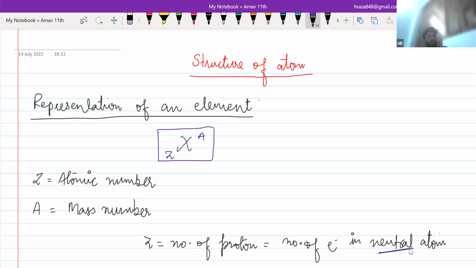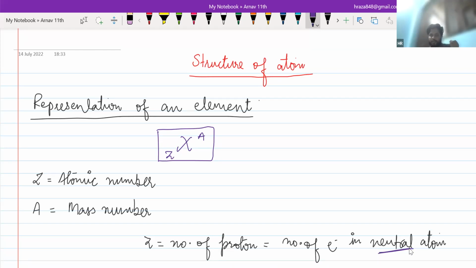Because you know that whenever there will be reaction, there will be transfer of electron takes place. Lose or gain of electron can be there. That's why whenever you are going to see number of electron should be equal to number of atomic number, it will be equal only when the atom is neutral.